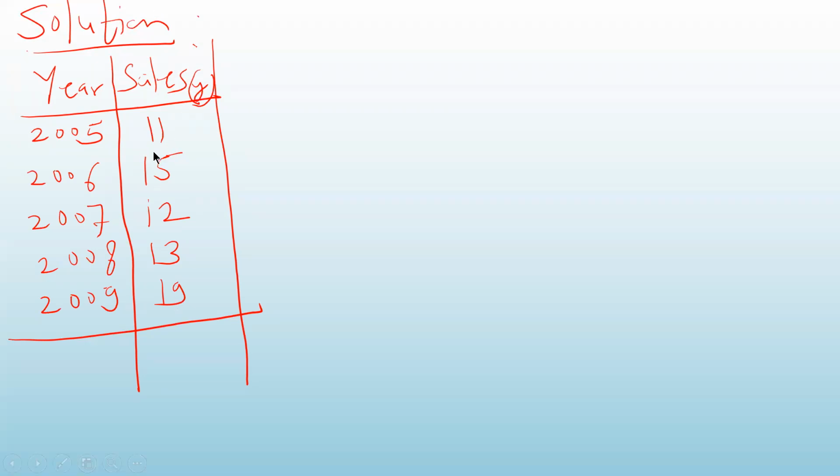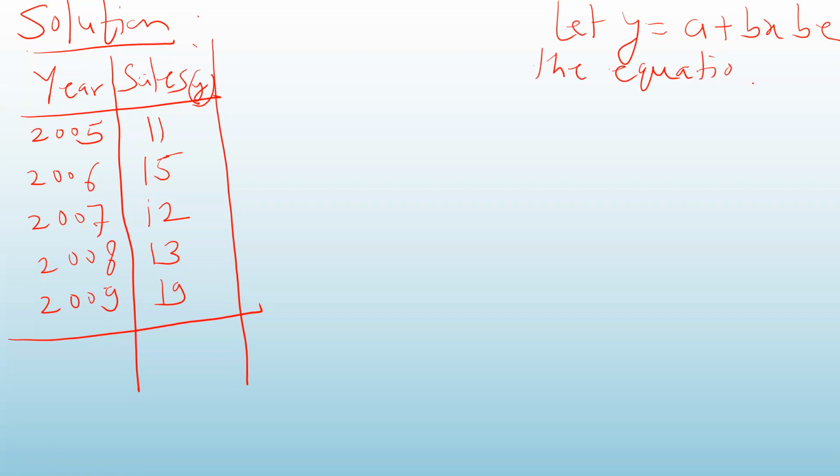Now for straight line trend, you know that what we do, we start with the equation of trend line. Let Y equal to A plus BX be the equation of trend line. We assume that the graph of the time series is a linear curve. I mean, it's a line.